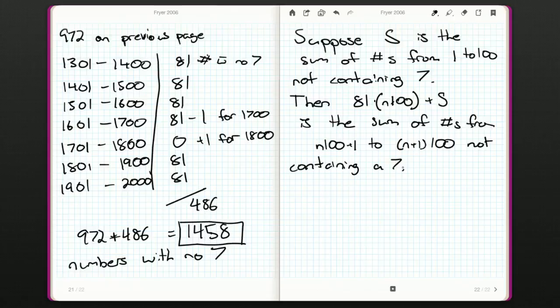Okay, this isn't going to work for the range where n is 1700. We're just going to have a little 1800 here. It's not going to work for n is 16, because we'll have to subtract off that 1700, but it's a good start.